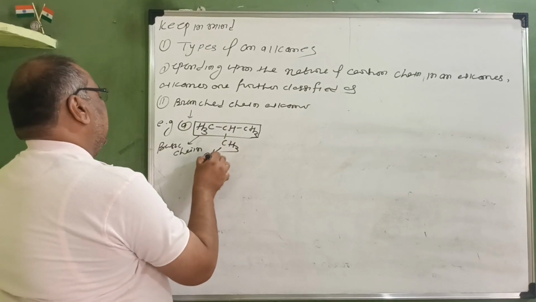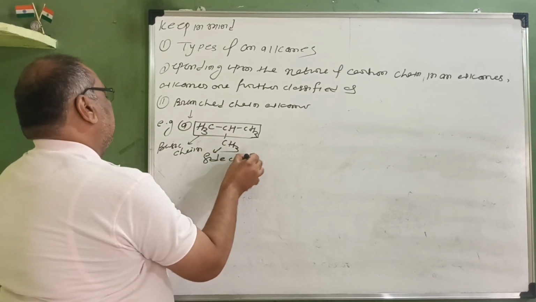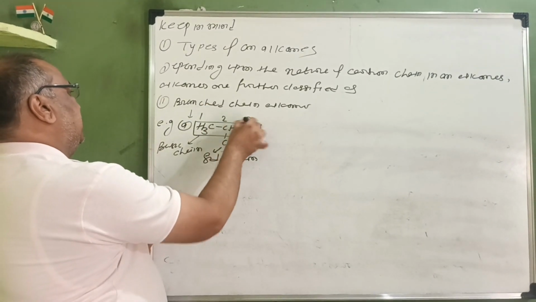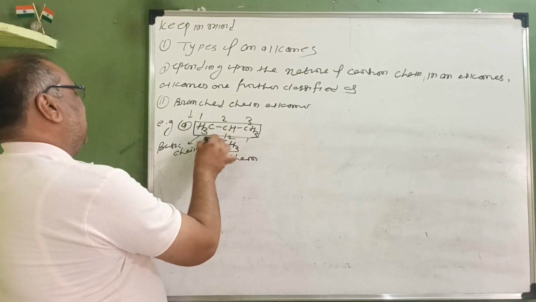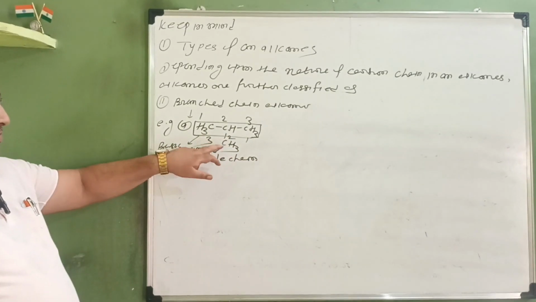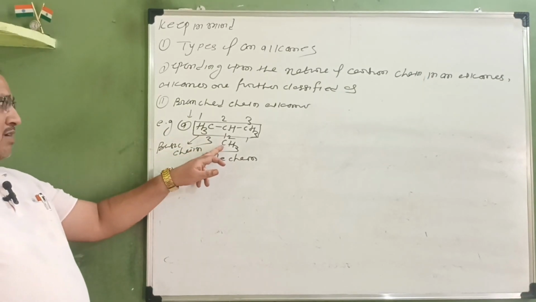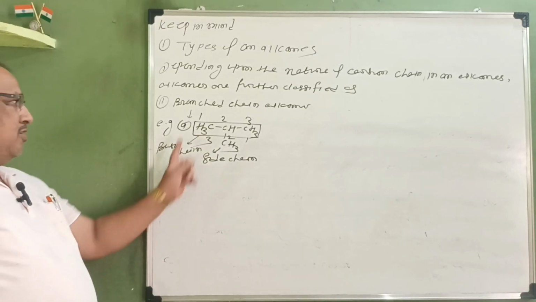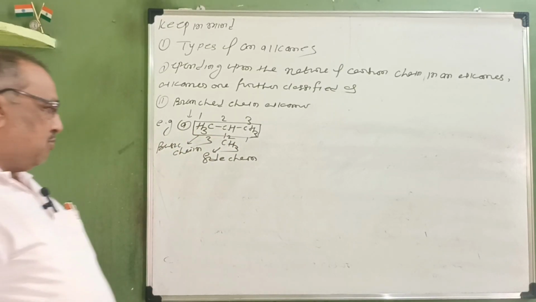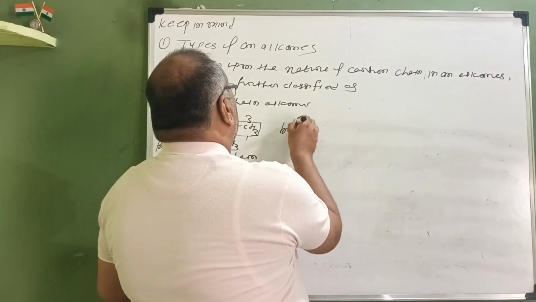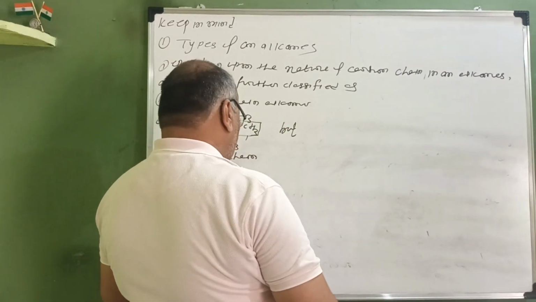This is your side chain. 1, 2, 3, 1, 2, 3. That means here one of the carbon atoms is attached to the second carbon atom of the basic chain, or last but one carbon atom from either side. There are total 4 carbon, so word root is but.